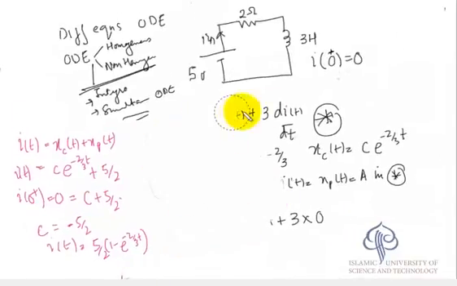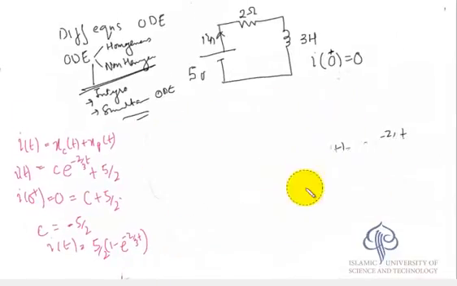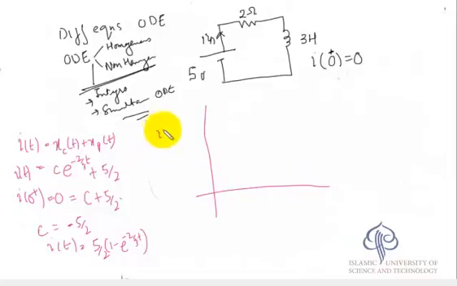And we can plot this graph, and you must have seen this graph before. This is your current, this is your time, and this is a negative exponential. So if you want to plot e to the power minus x, it would be something like this, e to the power minus t, and 1 minus e to the power minus t is going to be something like this.